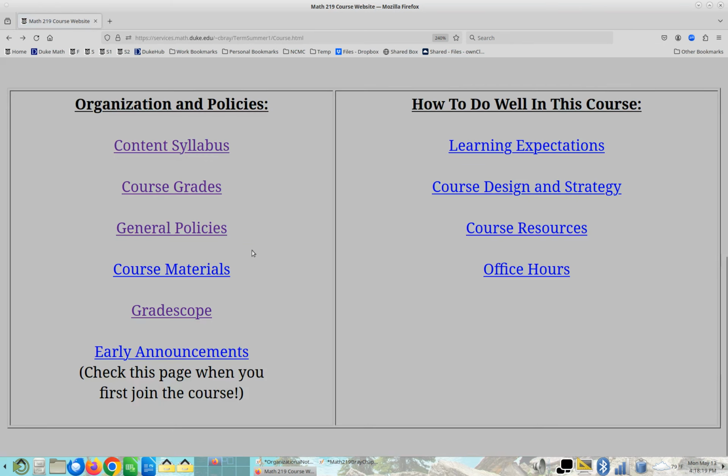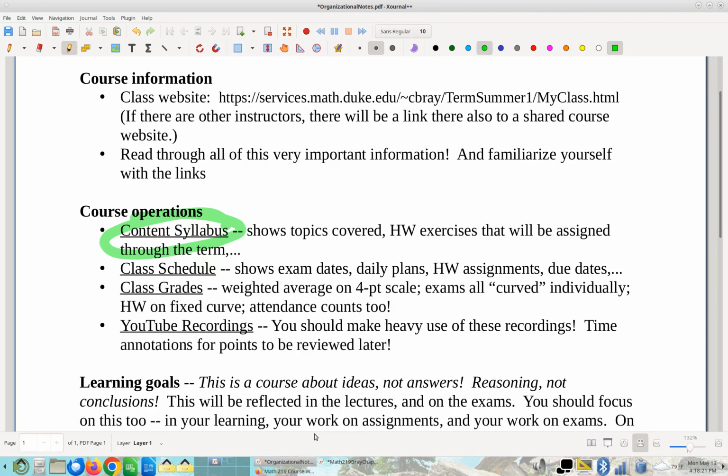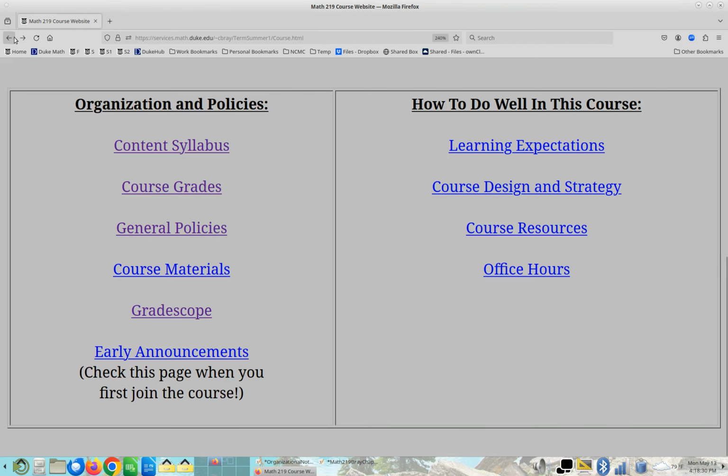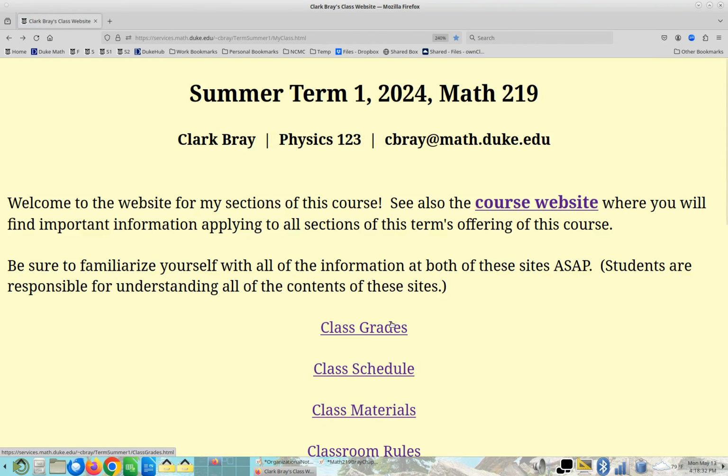And let's see here then, moving along in our little outline here. Let's talk about the class schedule. The class schedule you're going to find on the class website, or my section website. So this stuff is specific just to my section. Again, I am the only section, but nevertheless, for organizational reasons, this makes sense.